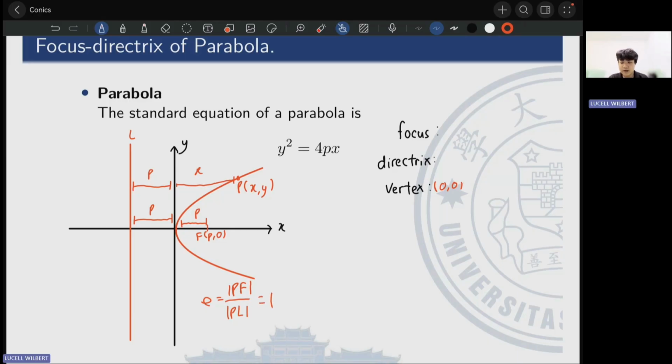So first, let us find the distance from the point P to F. This is the distance of 2 points. So we can just use the formula square root of (x minus p) squared plus y squared. And PL is equal to x plus p. Therefore, we can make them equal, which is PF equals PL.